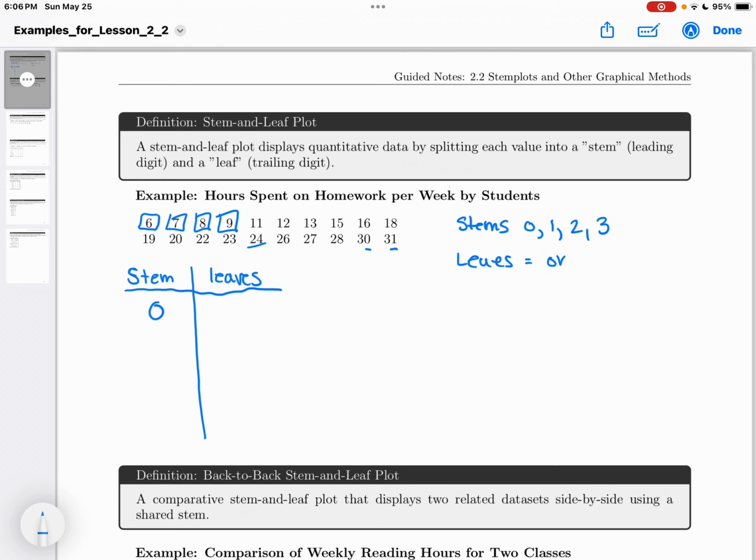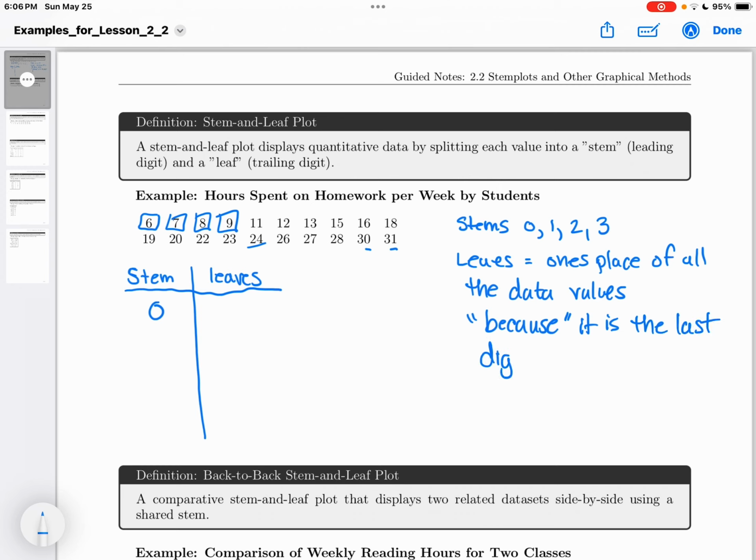And then our leaves are going to be the ones place of all the data values, because it is the last digit in these values. All right, so here's our stems, 0, 1, 2, and 3.